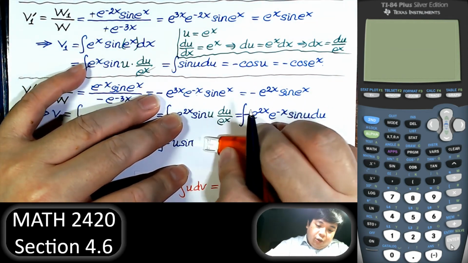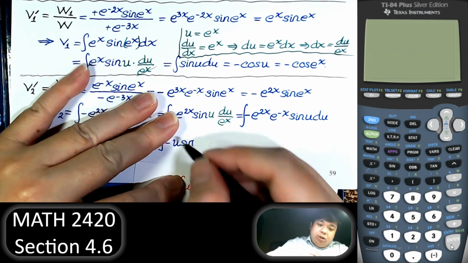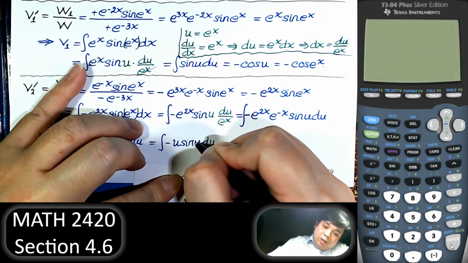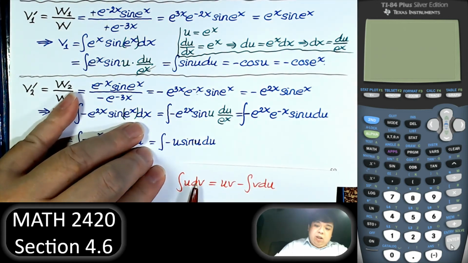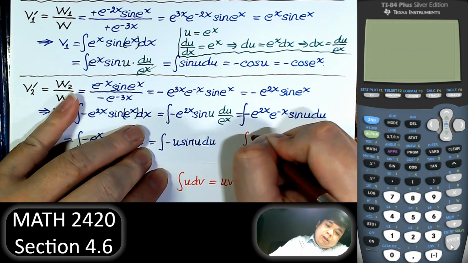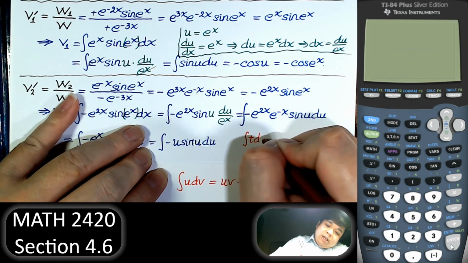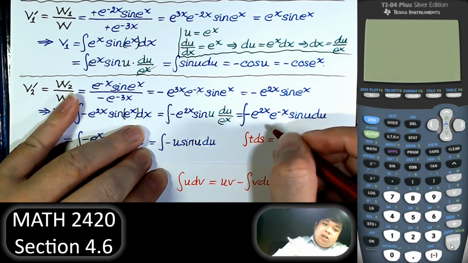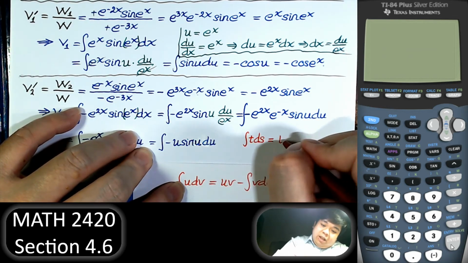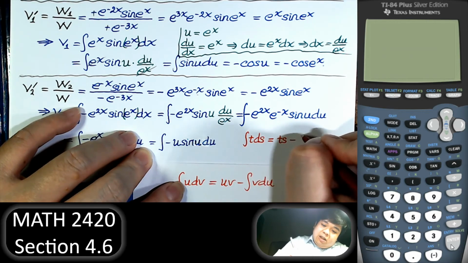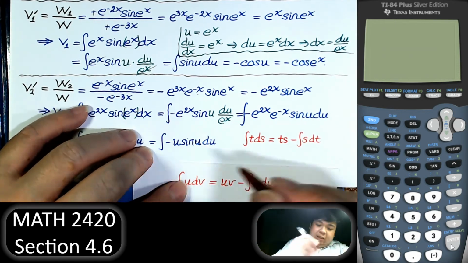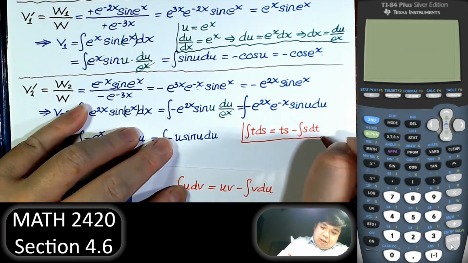It will be confusing if we use u again. So instead, I will write integration by parts as the integral of t ds is equal to ts minus the integral of s dt. Yeah, that is integration by parts.